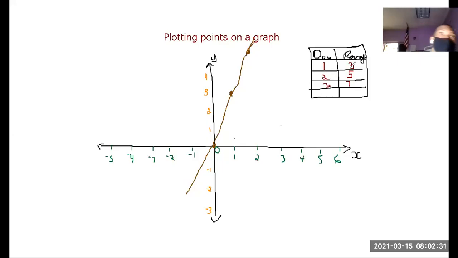Based off looking at these numbers, could you tell me what the equation for this one would be? Plus 2. Is it 3?